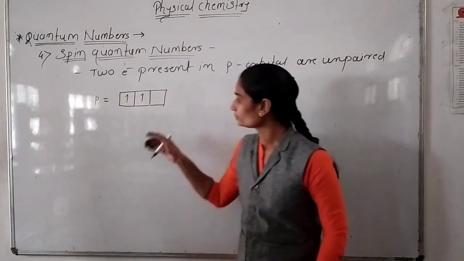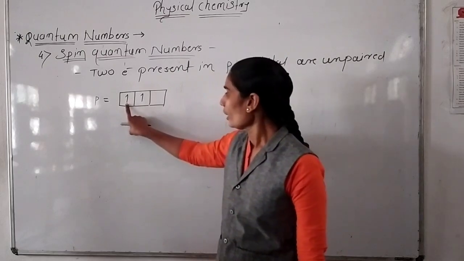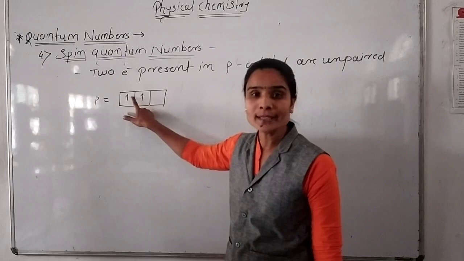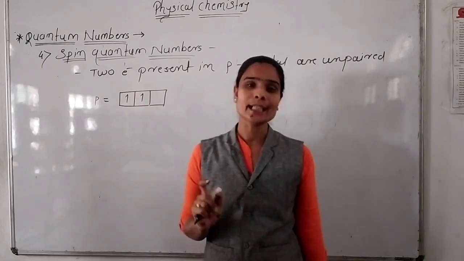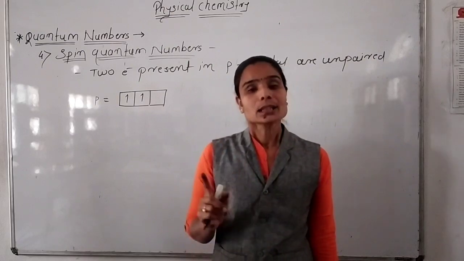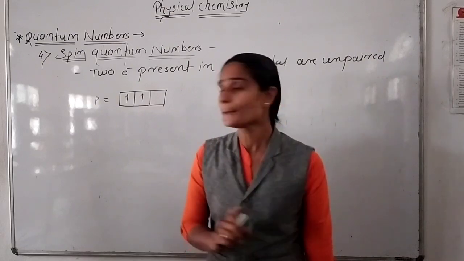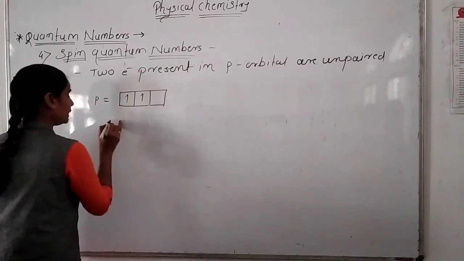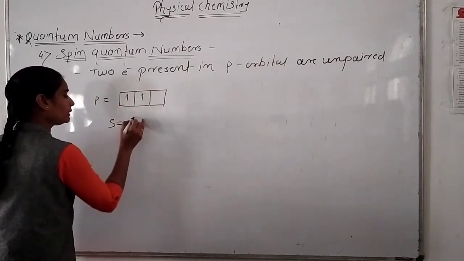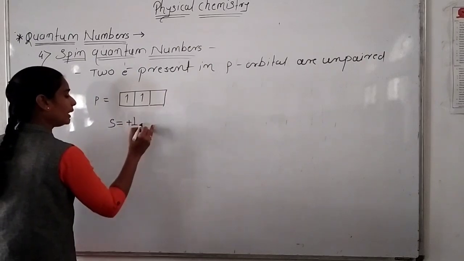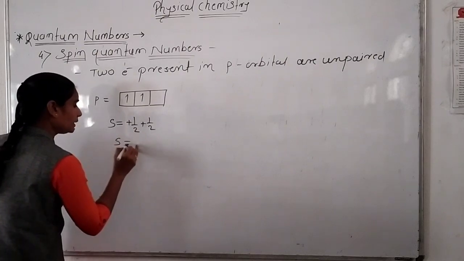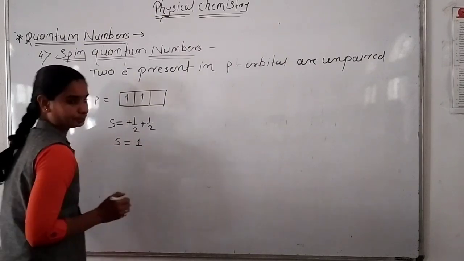The direction of both electrons is upward, and we already said that when an electron is in the upward direction, its spin value is plus half. So this electron has plus half and this electron has plus half, so S is equal to 1.